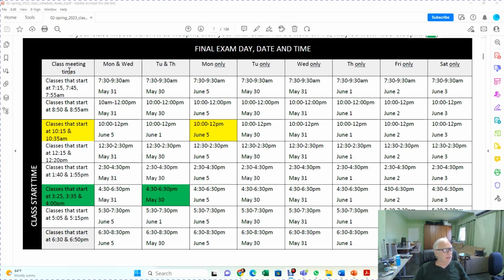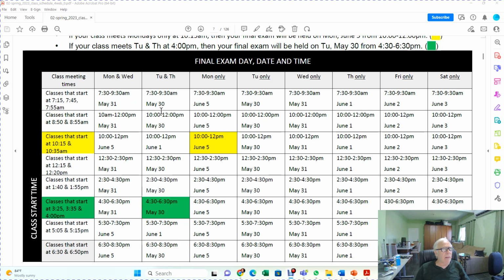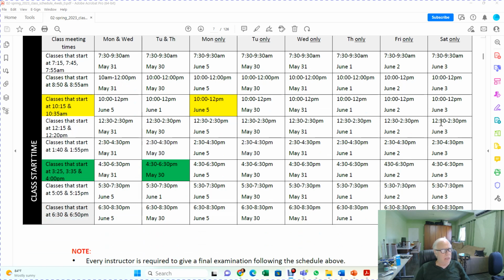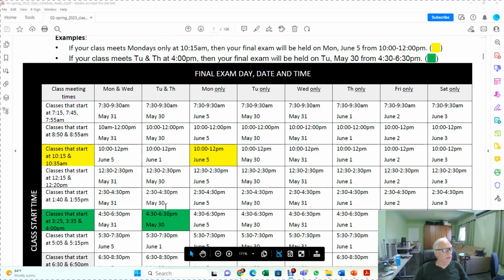We don't have a set schedule, so we have to pick a date anywhere between the earliest date the final exam is scheduled and the latest date. So you can see that the earliest day here would be May 30th, and the earliest time is 7:30.